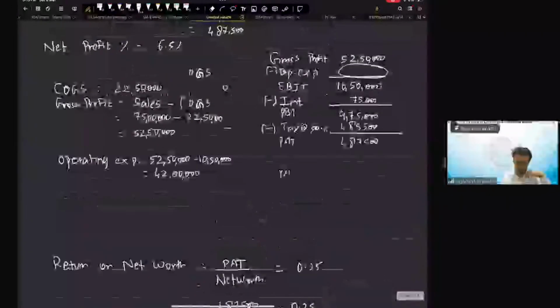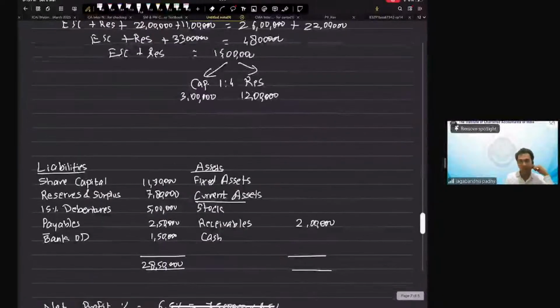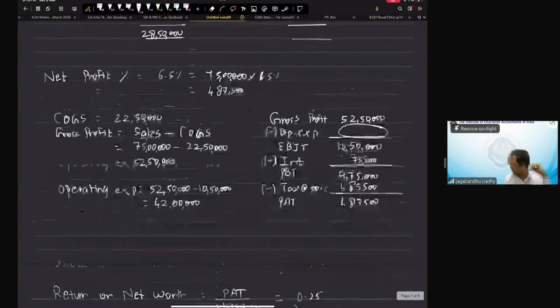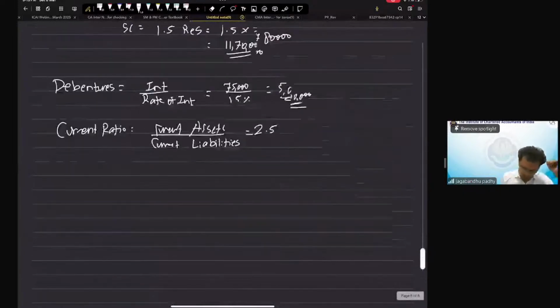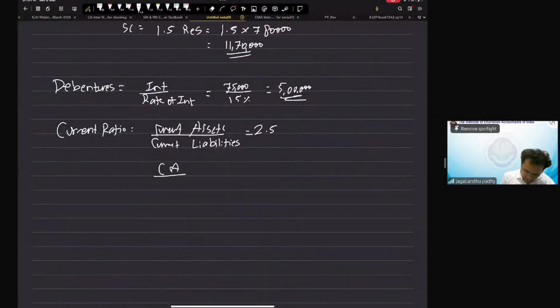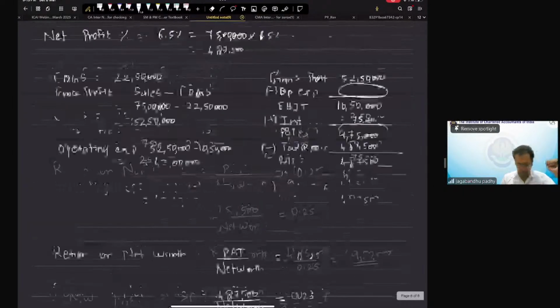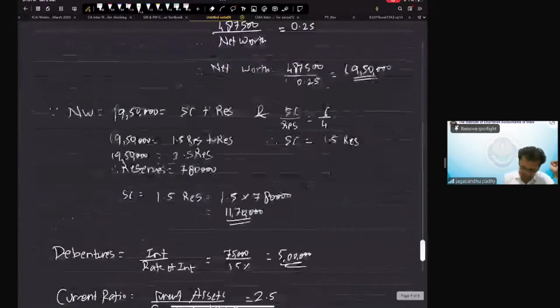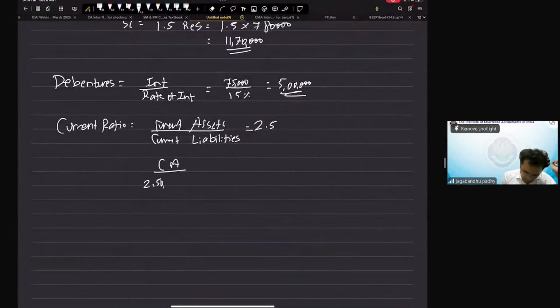In the balance sheet, we have already computed the payables and bank OD. So current assets upon the payables and bank OD total, which is 2 lakh 50,000 plus 1 lakh 50,000, is 2.5.